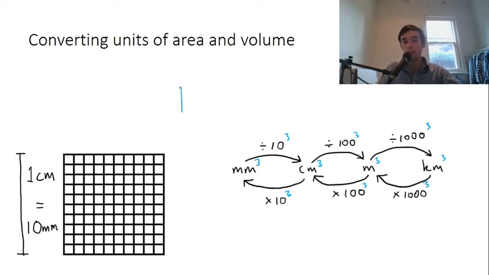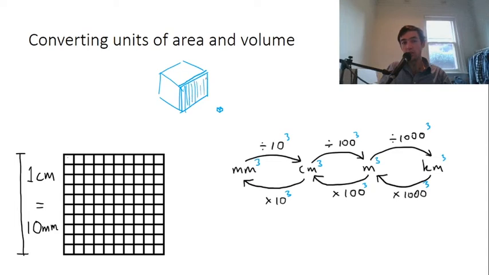Why is that? Because if I have a centimeter cubed, there's a centimeter cubed, and we have to find out how many little millimeter cubes there are inside of this. Well, there's 10 little millimeter cubes here. In this section here, there needs to be 100 little millimeter cubed.